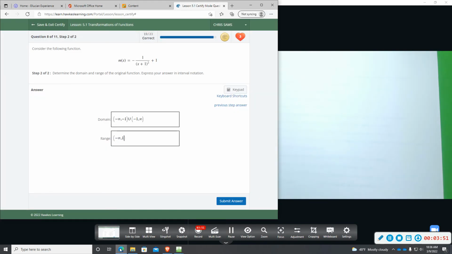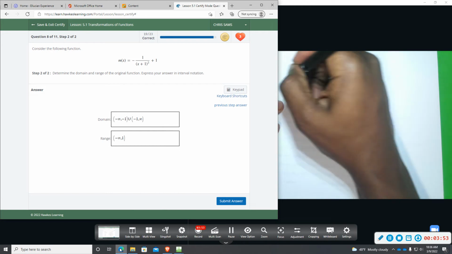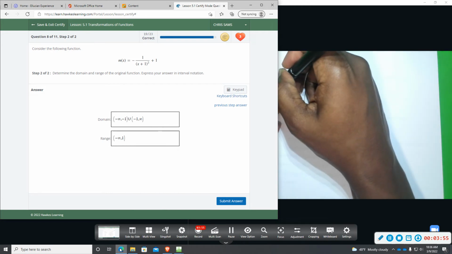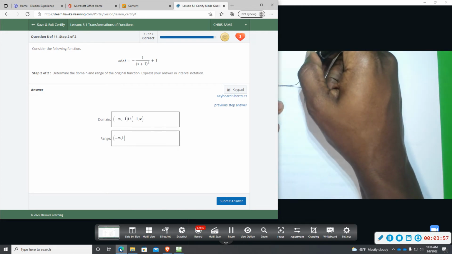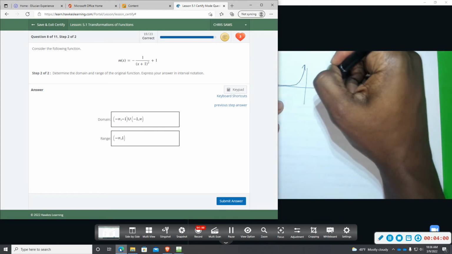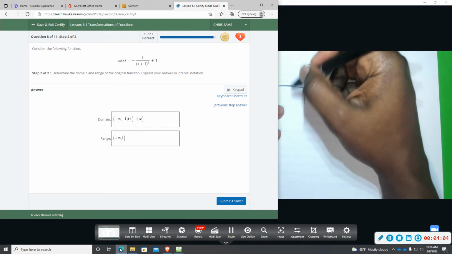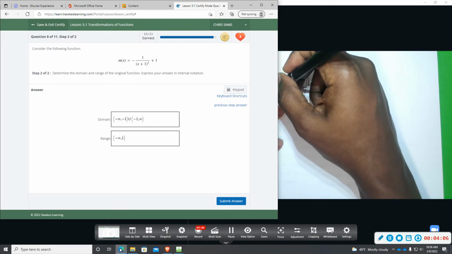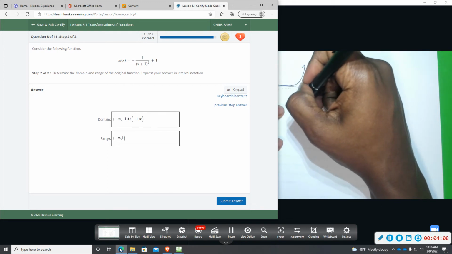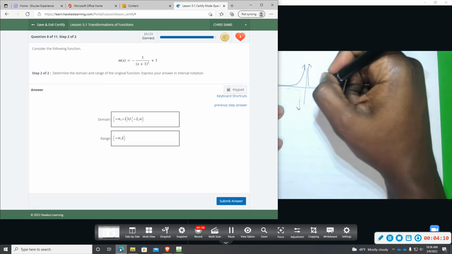So the parent function is like this. It's hugging the x-axis really close and then shooting up, and it's doing that on both sides. So this graph got flipped down. So imagine if it was going this way, from 0 to infinity.